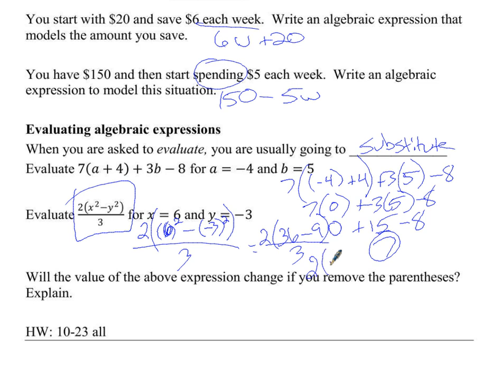So now we have 2 times 27 divided by 3, because maybe I don't know what 2 times 27 is, and I better write that down before I forget. 2 times 27 is 54. So now I have 54 thirds. Does that reduce? Yes, to what? Well, it goes down into a whole number. 18. So the answer here is 18.